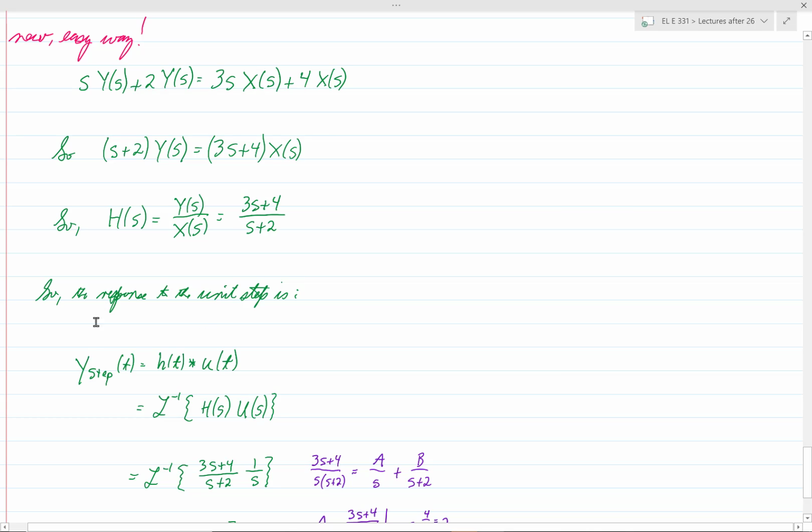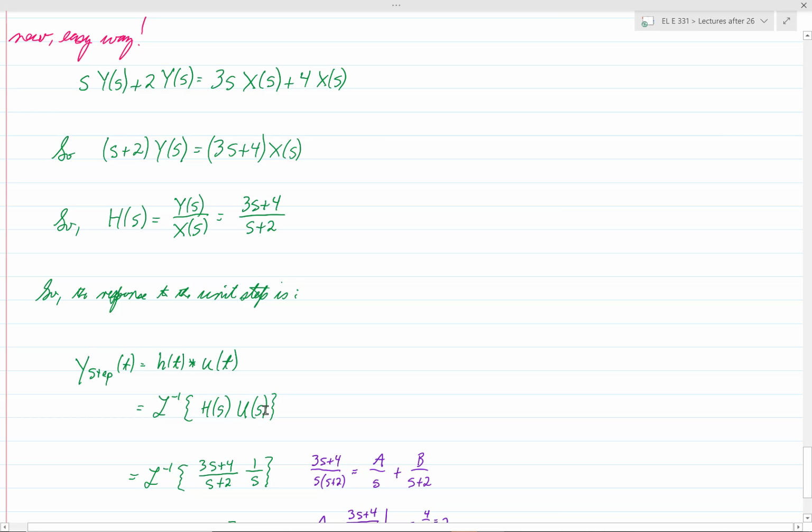Now remember, what we're asked for is the unit step response. The unit step response is the response to the unit step, which is the impulse response convolved with u of t. But as we said in our previous problem, that convolution is just the inverse Laplace transform of the product of the Laplace transforms of those two functions.